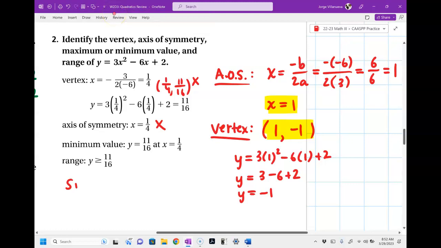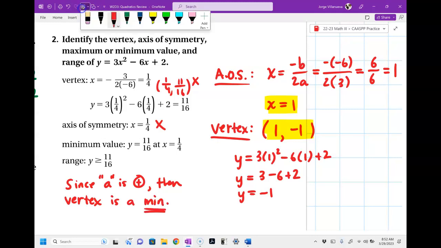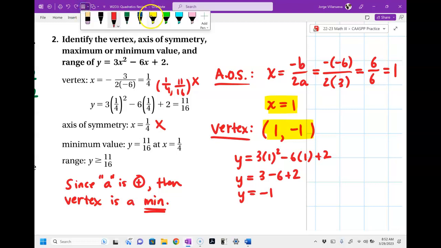So since A is positive, then the vertex is what? Is it a max or a min? A minimum. My vertex is a minimum. Whoops, sorry. Wrong marker.